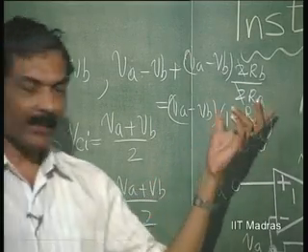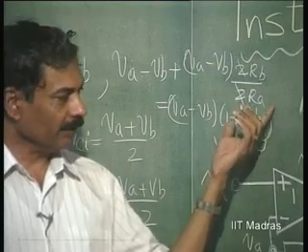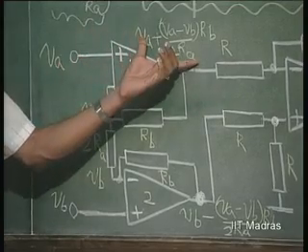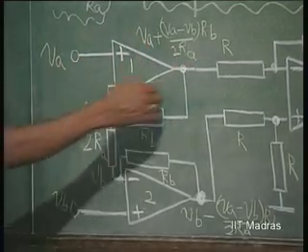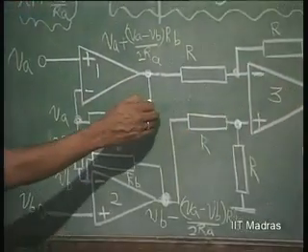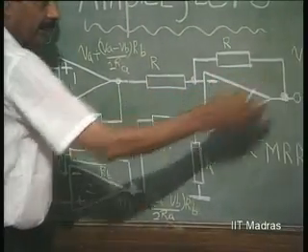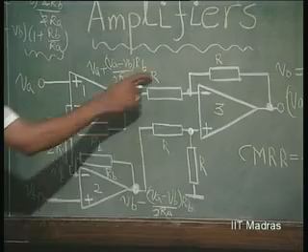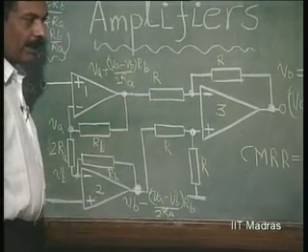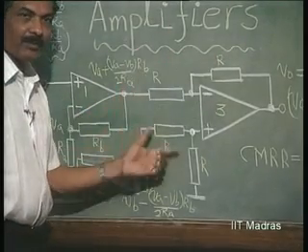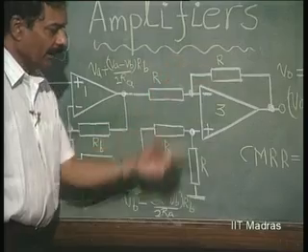So, RB by RA can be arbitrarily made high, so as to make the differential mode gain very high. And as far as this stage is concerned, we know that the differential mode gain is 1, because R is chosen, and common mode gain depends upon how best these are matched.